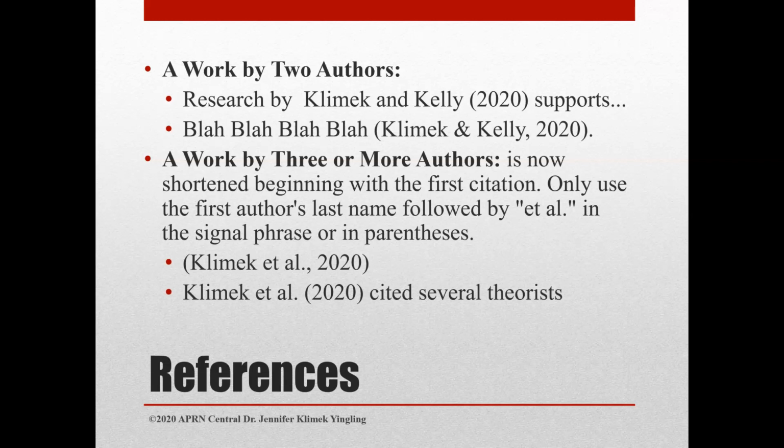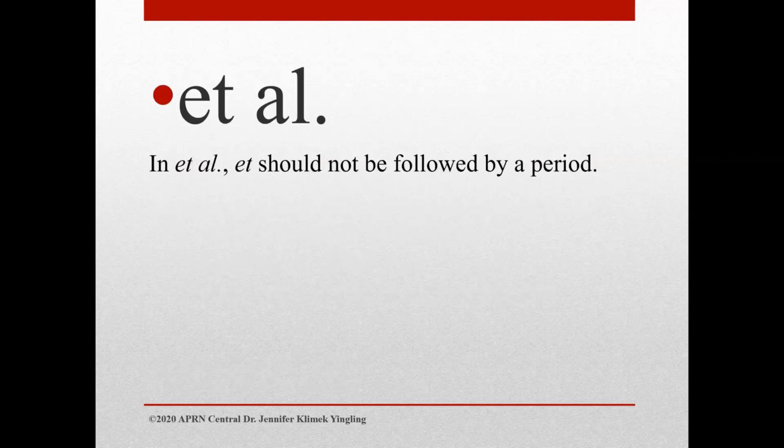So work by 3 or more authors, you can use your et al. immediately. So let's talk about et al. This is a really common error that students make too. And you can use that find and replace option in Word as well. So with et al., the "et" should not be followed by a period. The period comes after the "al."